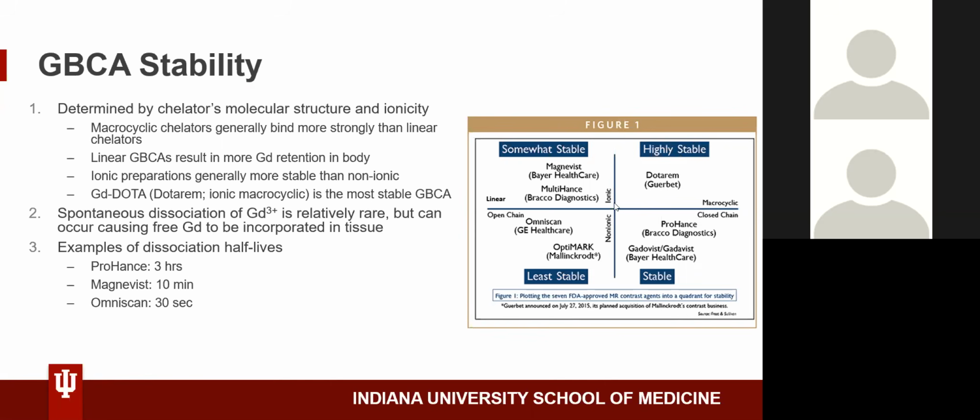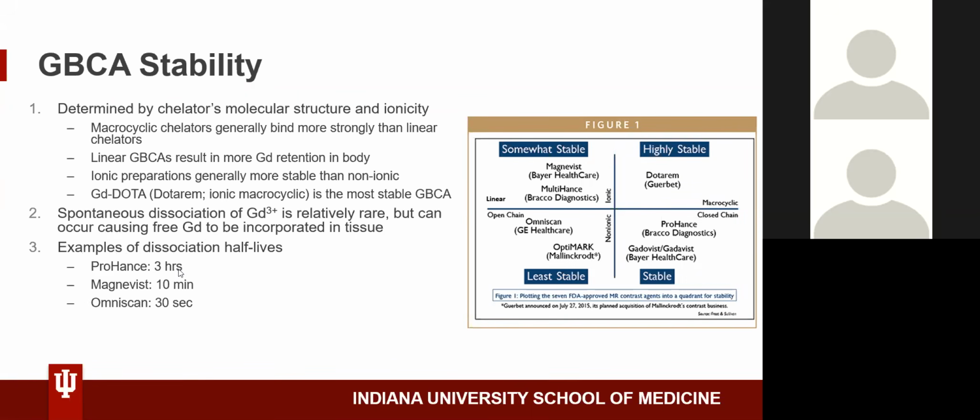You can see macrocyclic and ionic, whereas on the opposite end, you've got this least stable category, which would be linear and non-ionic. So again, that all has to do with the dissociation of the gadolinium. It's pretty rare, but it can occur. And when you've got that free gadolinium ion, it can be incorporated into tissue. And we'll talk about some of the health effects and potential health effects here shortly.